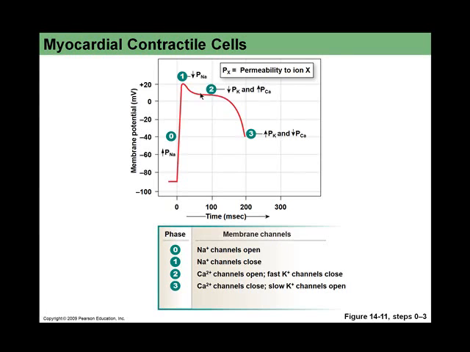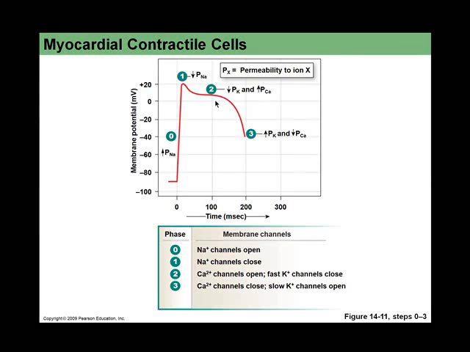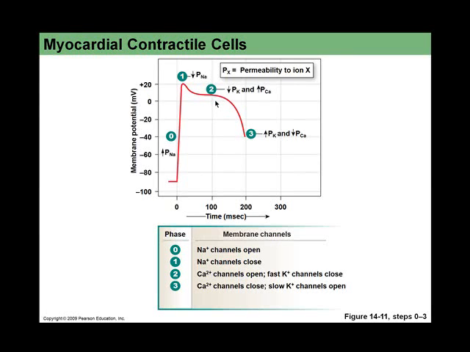So these L-type calcium channels in the membrane of the cardiac myocyte are extremely important for extending the duration of the action potential such that it matches the excitation, contraction, relaxation event.